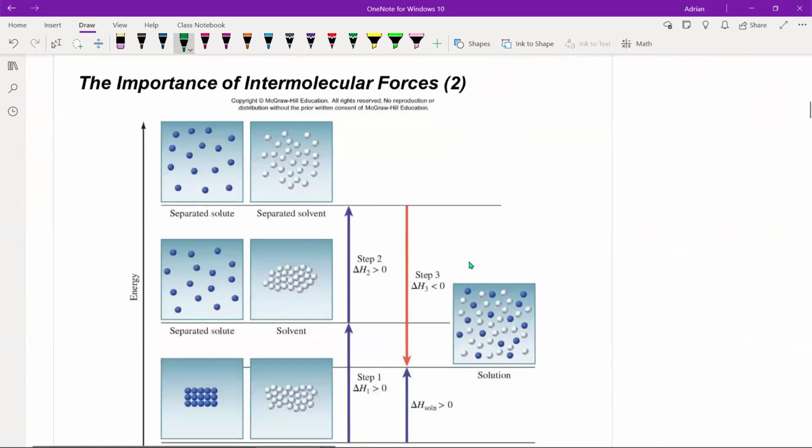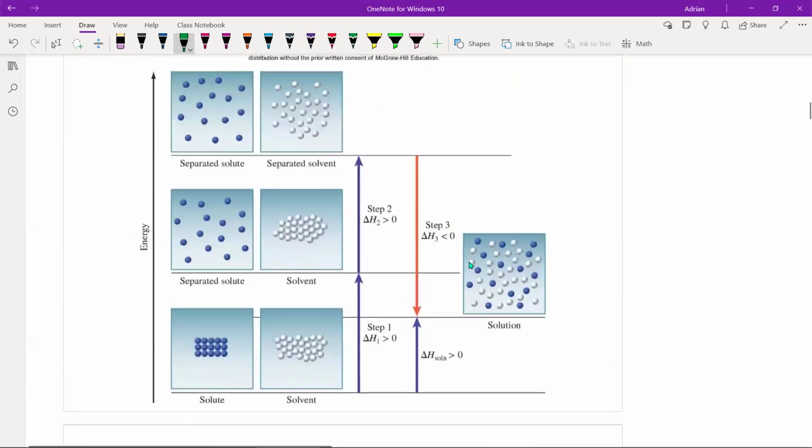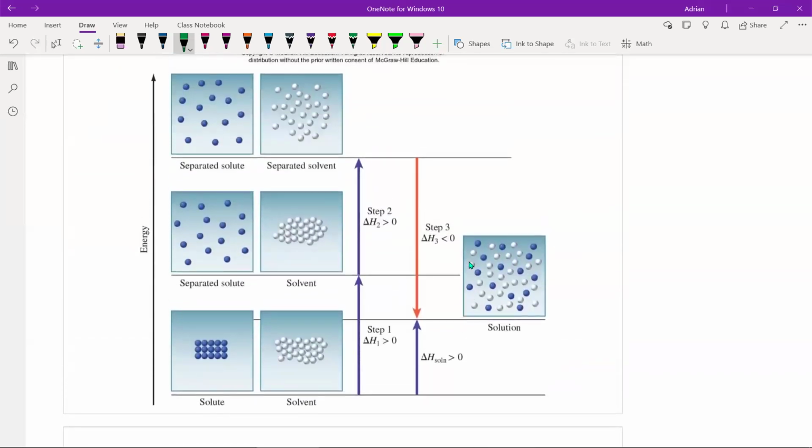So if we were to chart or plot the energy changes that accompany the solution process, we can see that it's a three-step process. Our starting point is down here in the bottom left. I have my solute particles, right? Let's say it's a solid. Particles are packed very close together, and we have intermolecular forces of attraction.